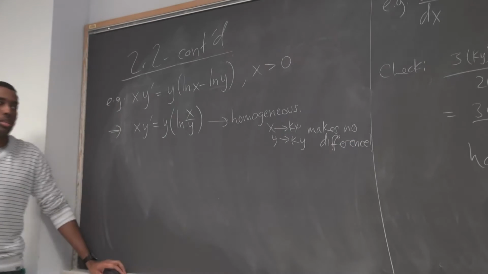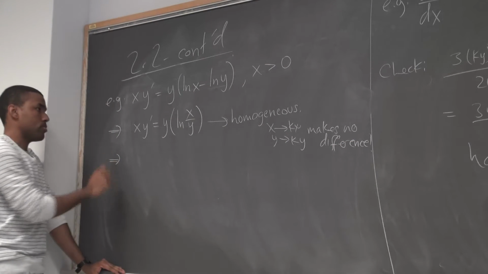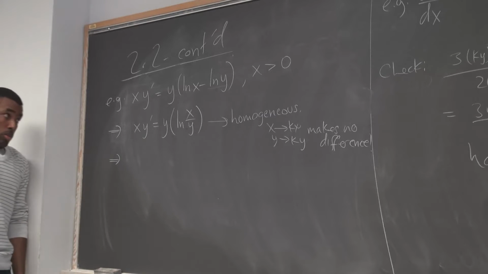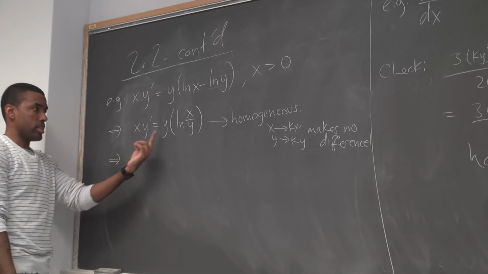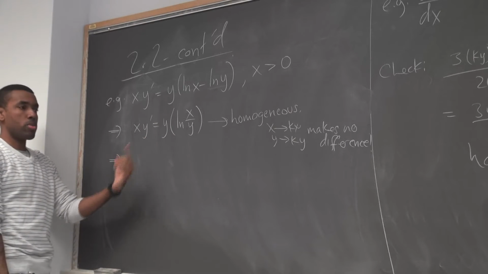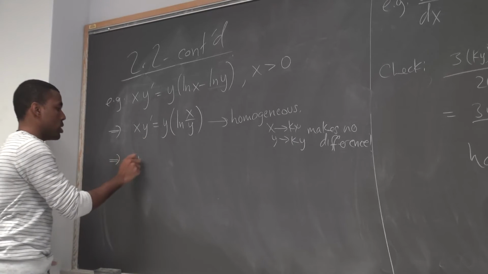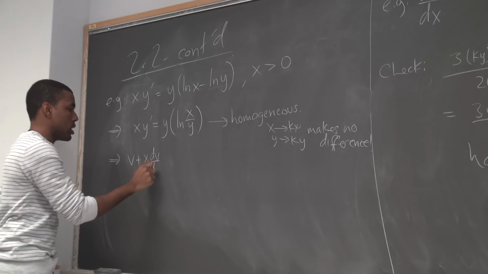So it's definitely homogeneous. So what do we do? Well, everywhere I see x, I'm going to put a 1. Everywhere I see y, I'm going to put v. Where I see y prime, I'm going to put v plus x dv over dx.